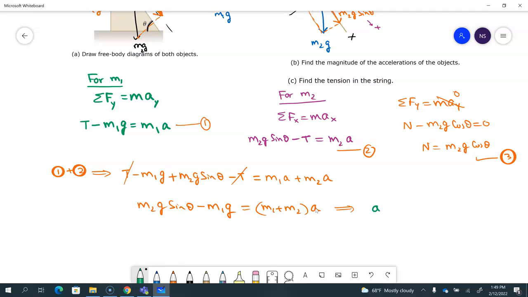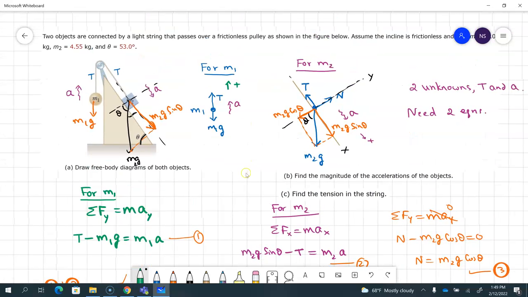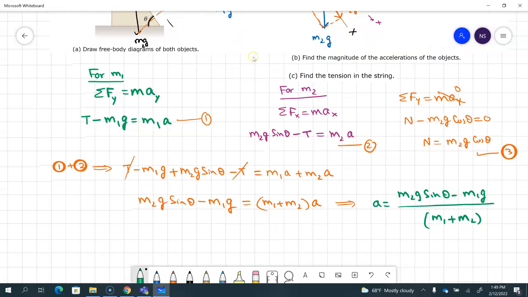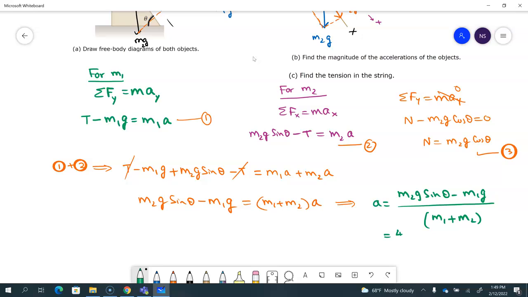Right? So the acceleration will be m2g sine theta minus m1g divided by the sum of the masses. And m2 was, I believe, 4.55 and m1 was 2 kilograms. So this was 4.55 kilograms times 9.8 times sine 53 minus m1, which was 2 kilograms, times g, 9.8 meters per second squared, divided by 4.55 plus 2.